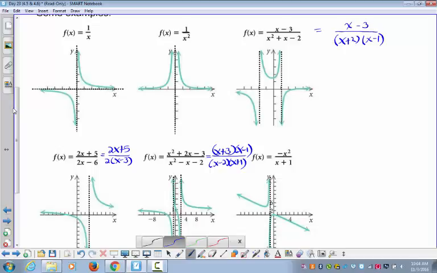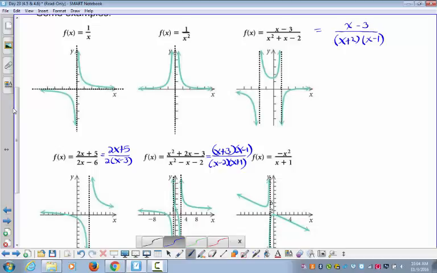In college algebra, usually they have this little table and they say, if the degrees are equal, then you have a horizontal asymptote at the quotient of leading coefficients.